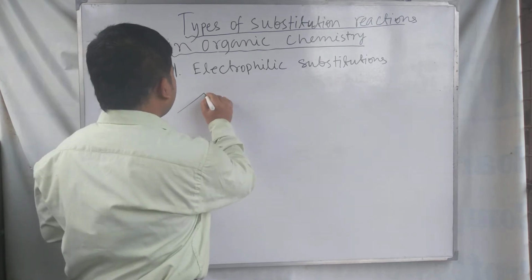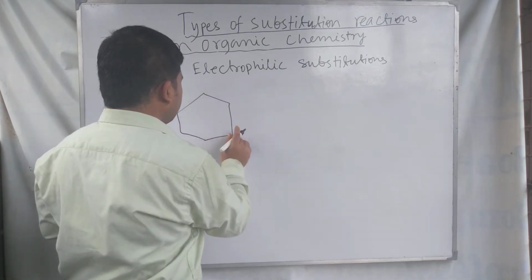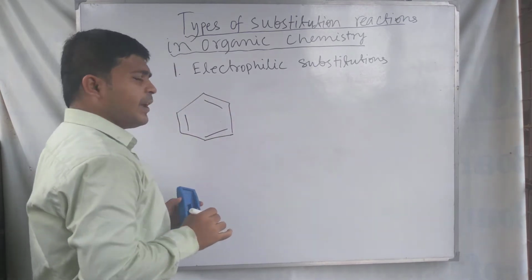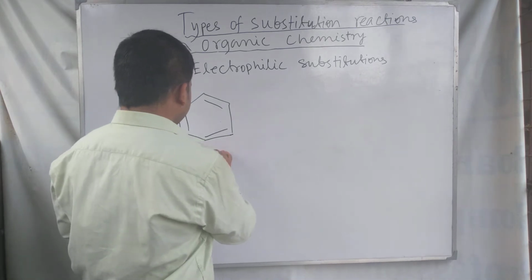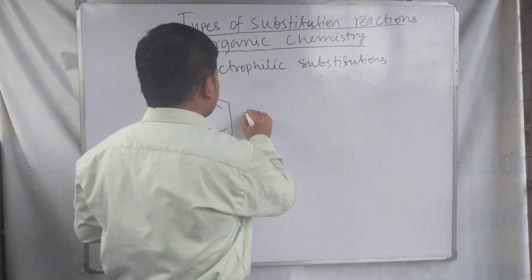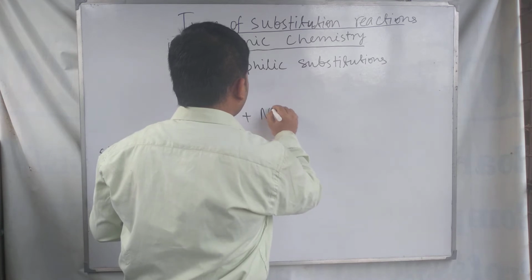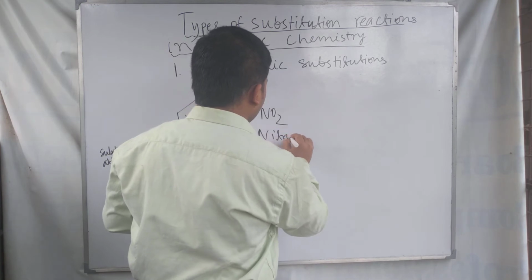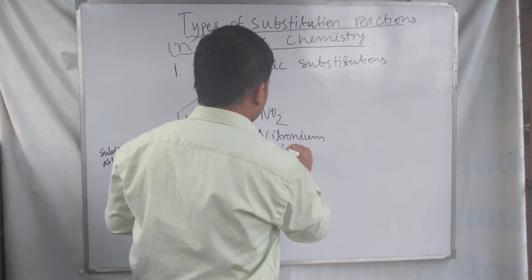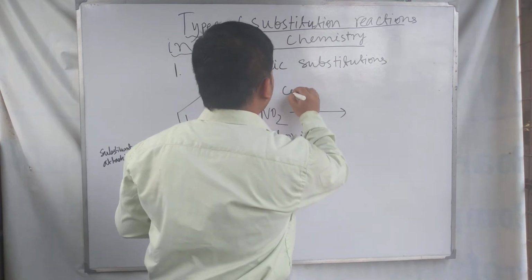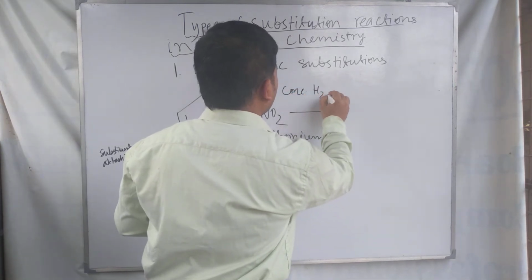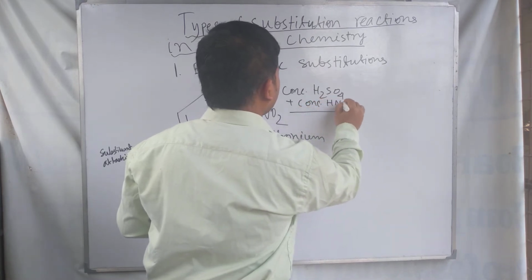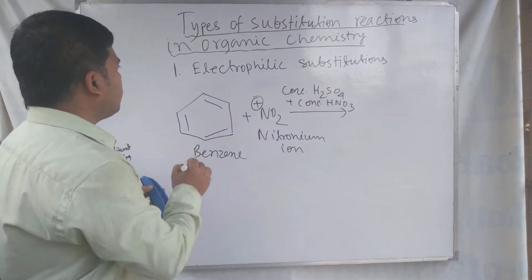As an example, we are taking benzene as the reactant and the nitronium ion, NO2 plus, which is generated from concentrated sulfuric acid and concentrated nitric acid. That is nitration of benzene.